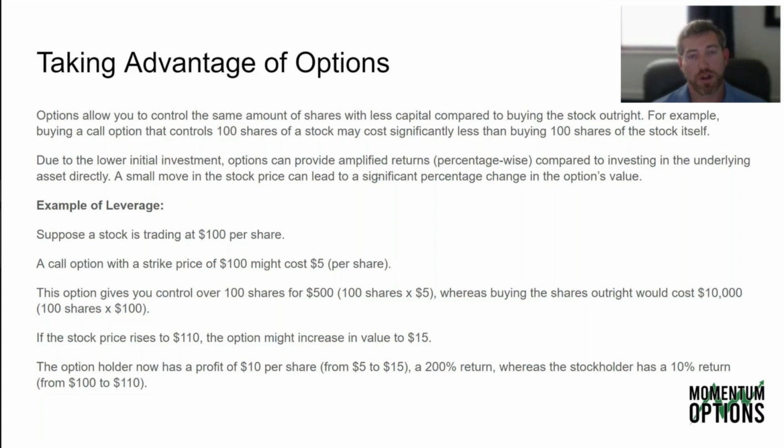So the option holder had their option increase from 5 to 15 in value per share, which is a 200% return, whereas the stockholder only had a 10% return. They took 100 shares from 100 to 110 versus an option from 5 to 15. So a significantly greater return trading the options.